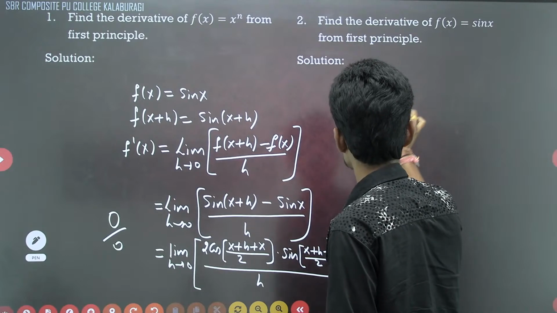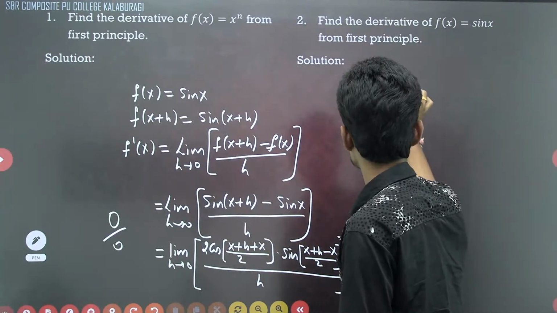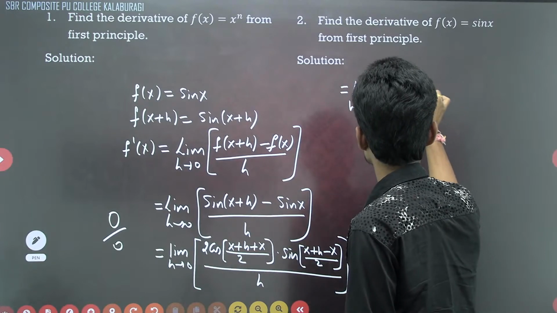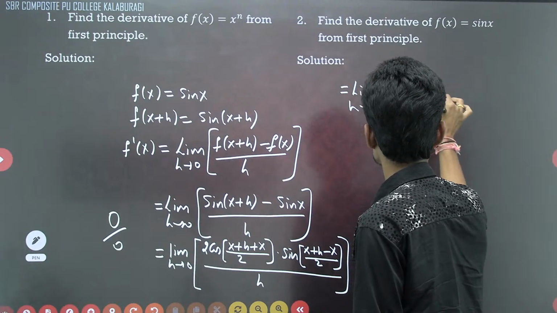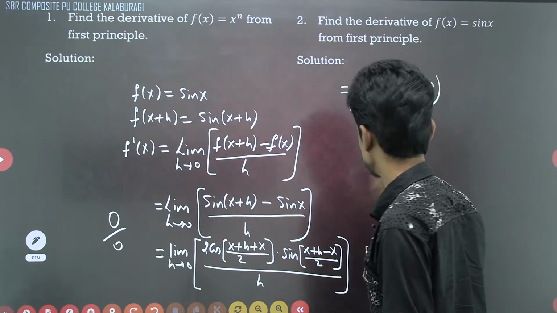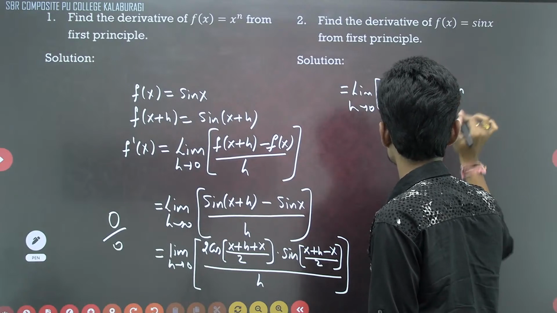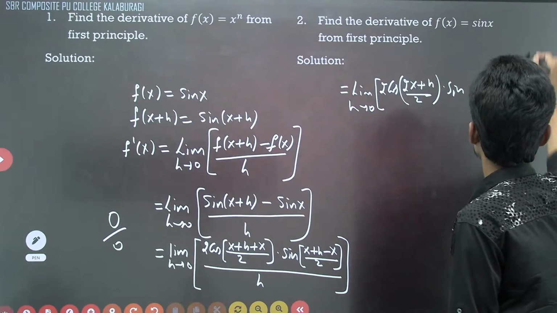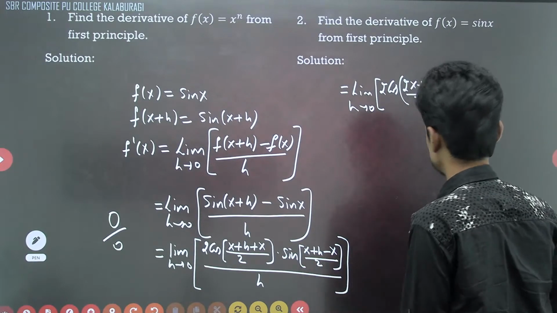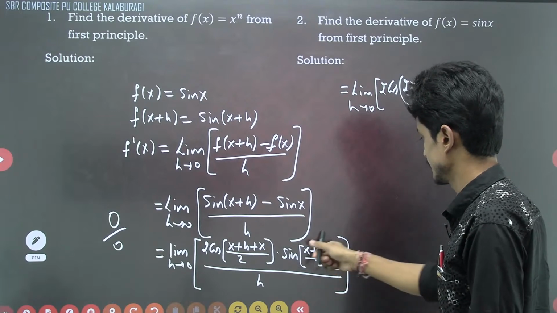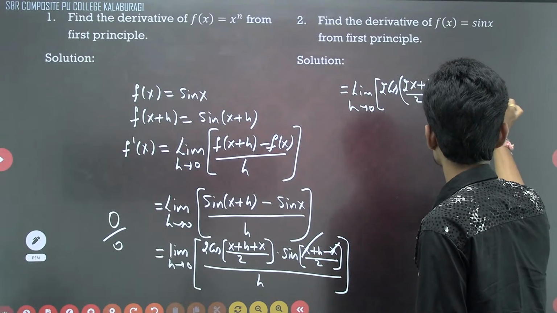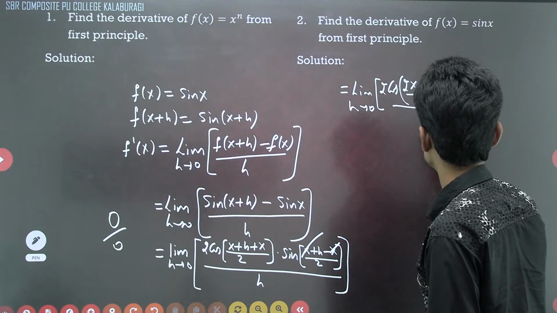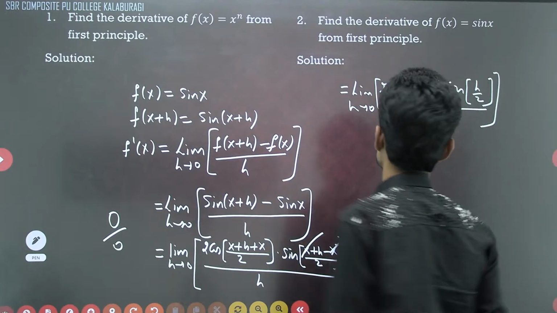Here 2 times cos of, what is that? x plus x becomes 2x plus h divided by 2, into sine of, what is that? x and x will cancel, remains h by 2, whole divided by h. Is it clear?